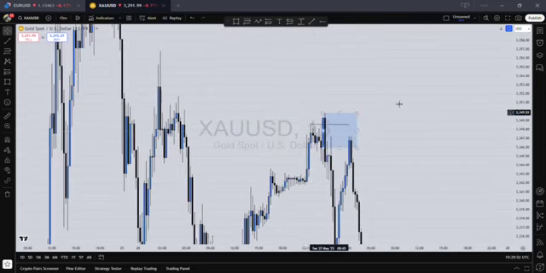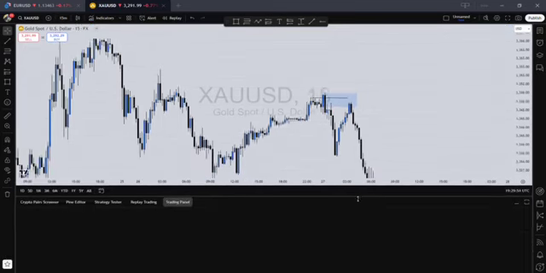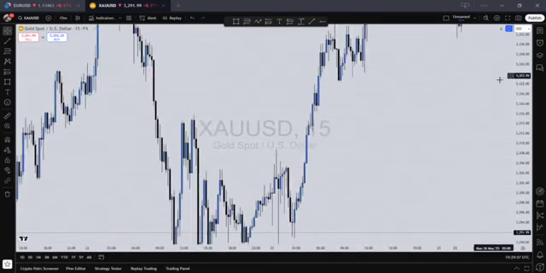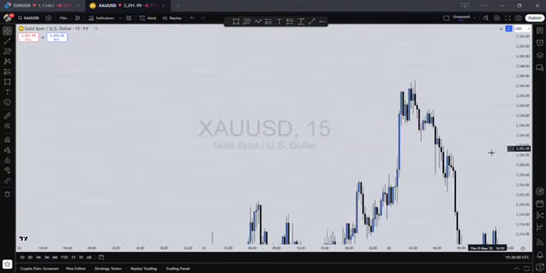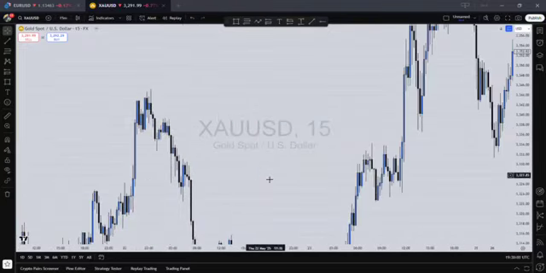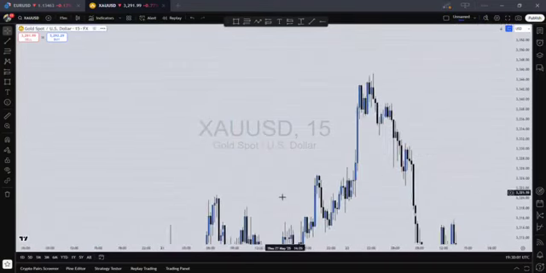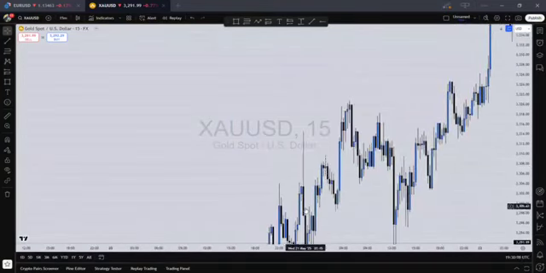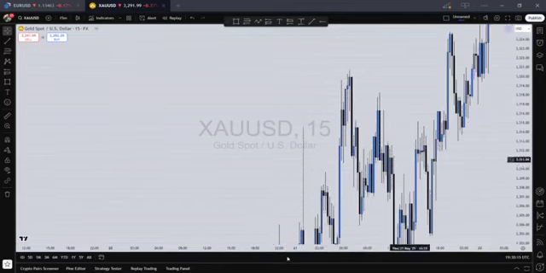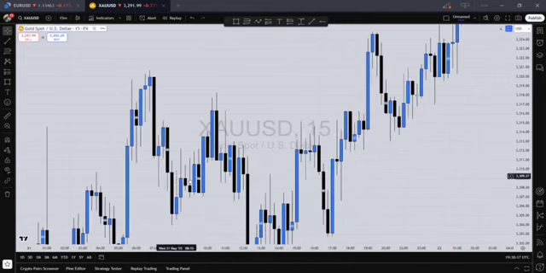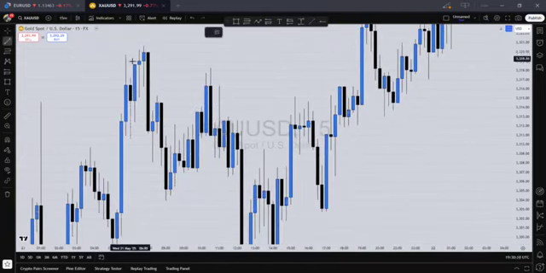Whether I'm selecting the candles doesn't matter. Those are YouTube knowledge. Just like this one now, even in a bearish structure, it still reacted.